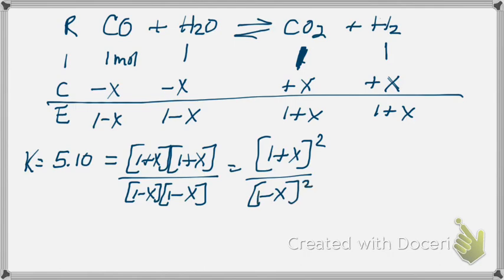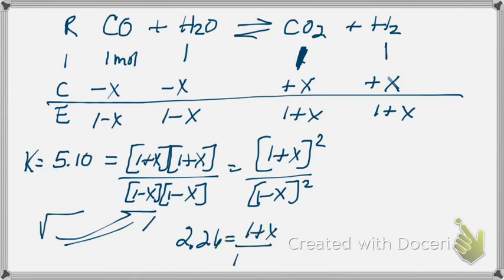So then what can we do? Take the square root of everything, right? So then we would get 2.26 is equal to 1 plus X over 1 minus X. So cross multiply, collect all your terms, do your algebra, and you should get that X is equal to 0.387.